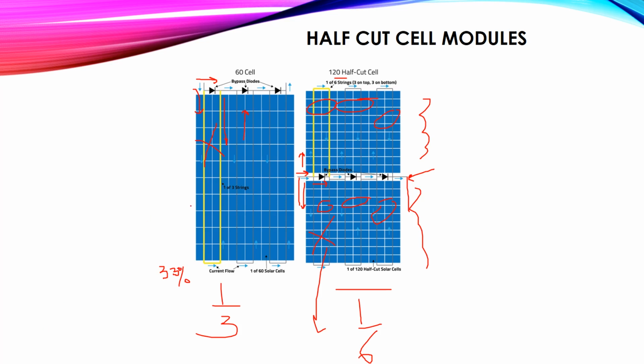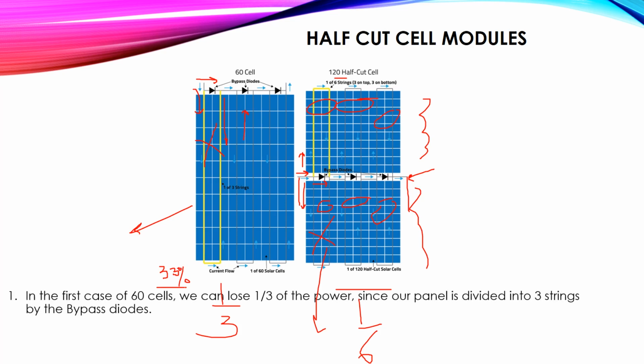But in the previous case, when we had only 3 strings, the power was reduced by 33%. So now the efficiency is improved. If we have a shading effect, just part of the panel, or 1/6 of the power, will be reduced, compared to the full cell where at least a third of the power will be reduced.